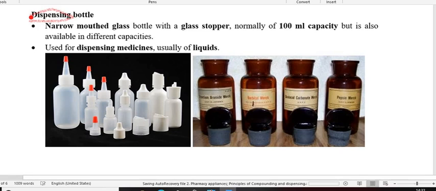Dispensing bottles are usually those bottles used when you have prepared any pharmacy preparation; you have to label it and dispense it. Dispense means give to the patient, give to the owner of the patient.